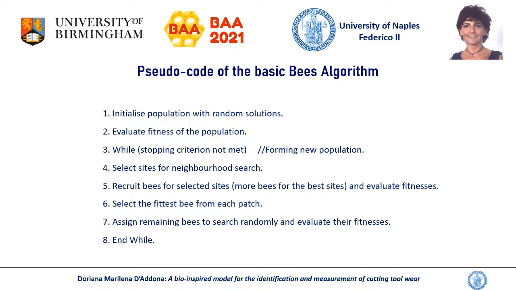Then in steps 5 and 6, the algorithm conducts searches in the neighborhood of selected sites, assigning more bees to search near the best sites. In step 7, the remaining bees in the population are assigned randomly around the search space, scouting for new potential solutions. These steps are repeated until a stopping criterion is met.